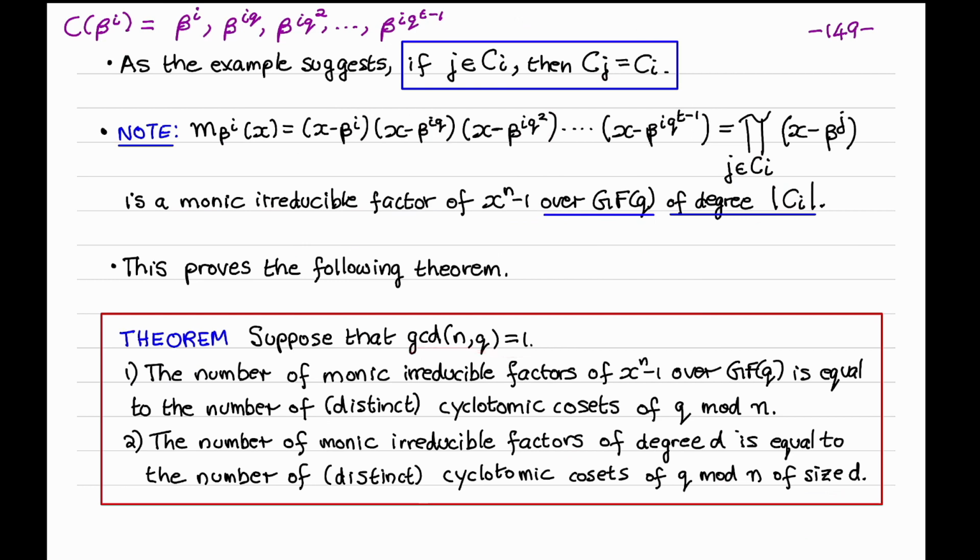Then, the number of monic irreducible factors of x to the n minus 1 over GF(q) is equal to the number of distinct cyclotomic cosets of q modulo n. Furthermore, the number of monic irreducible factors of degree d is equal to the number of distinct cyclotomic cosets of q modulo n that have size d. We'll see 2 examples of this theorem in the next video lecture.